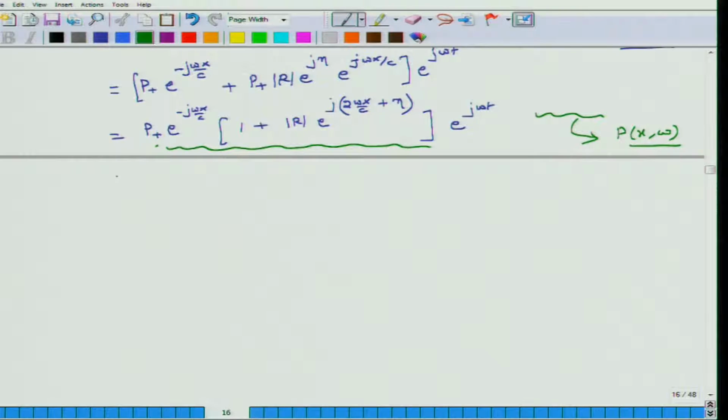So I can rewrite this above expression as P of x and omega, the complex amplitude, divided by P plus equals this long, complicated expression.